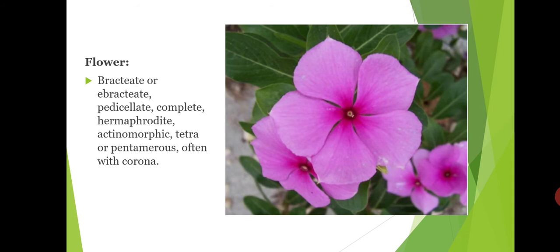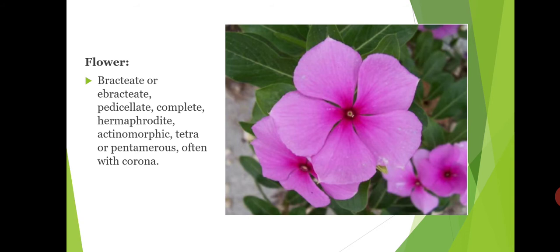The flowers are bisexual, both male and female sex structures are present, and also well developed non-essential whorls. Hermaphrodite, that is bisexual, actinomorphic, and tetra or pentamerous. Here, this Catharanthus or Vinca flower is perfectly pentamerous.